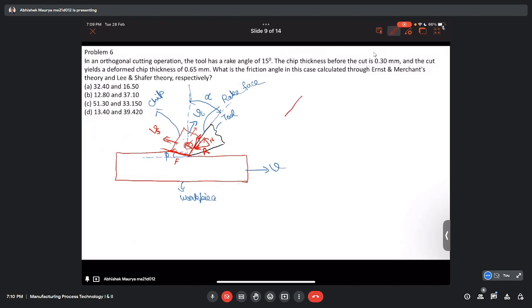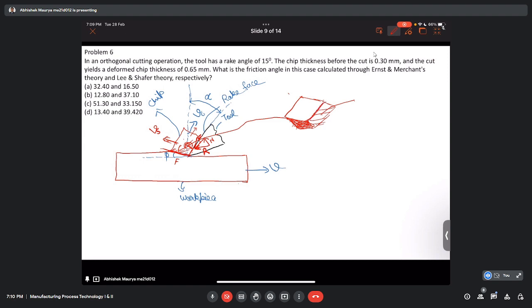If you see the chip in 3D, it looks something like this. So it has some cross sectional area. The chip looks like this, so there are two faces. If you see this surface, this is the same surface here, on which the tool is applying forces.